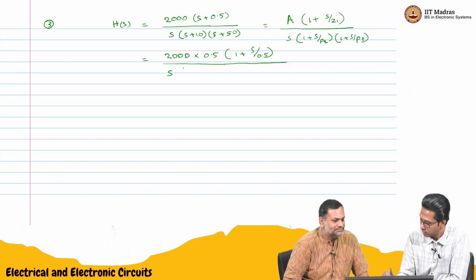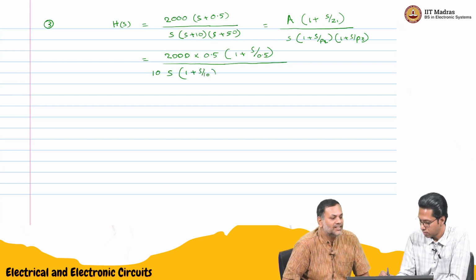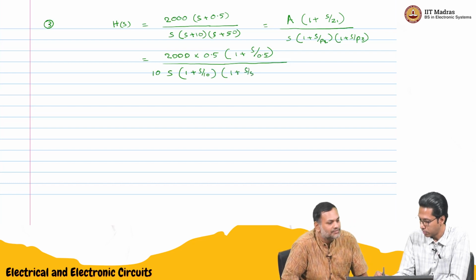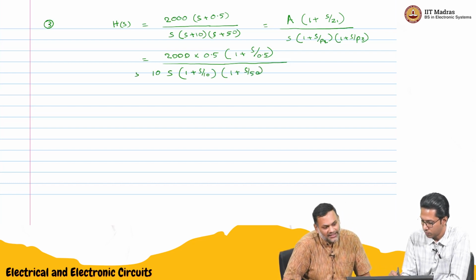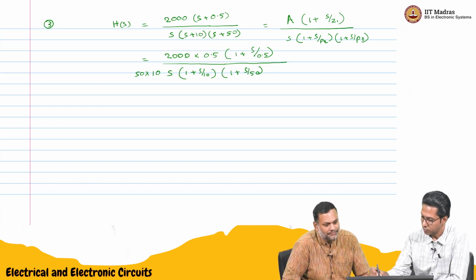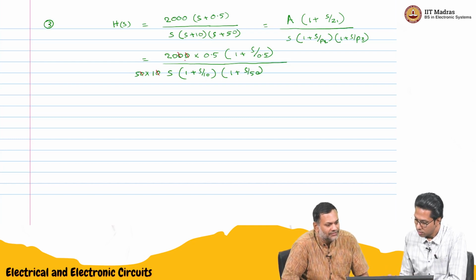Then I need to bring 10 outside, so that means 1 plus s by 10, and then again you'll bring 50 outside, 1 plus s by 50. So some of the zeros we can cancel maybe. 20 into 0.5.